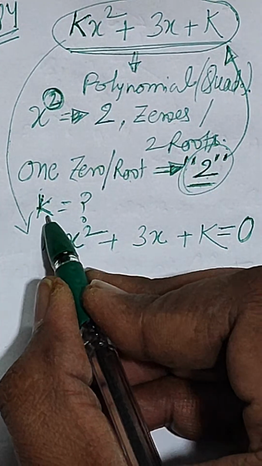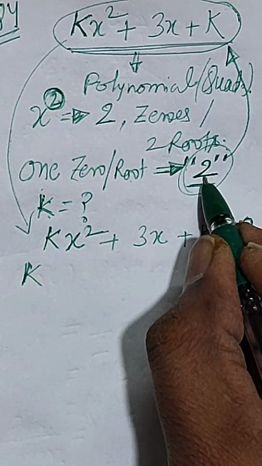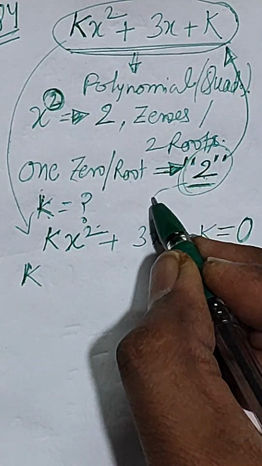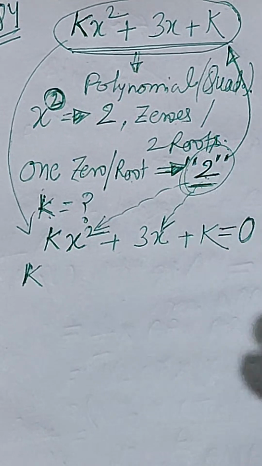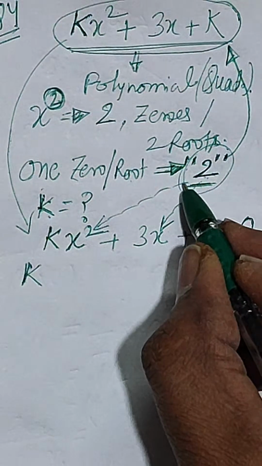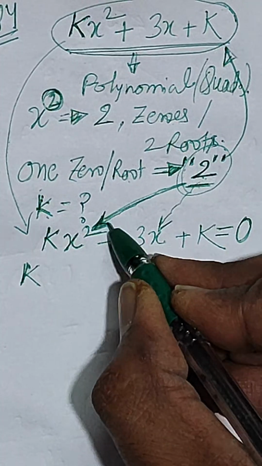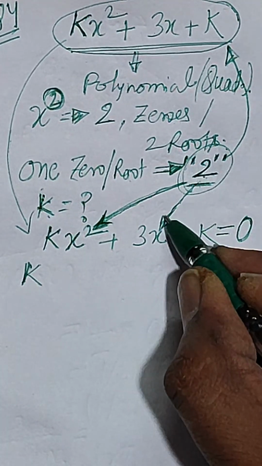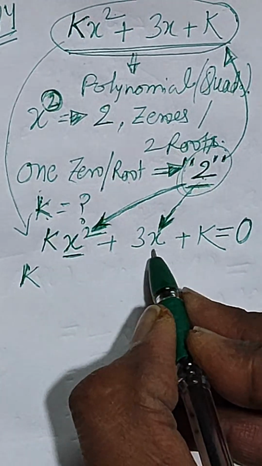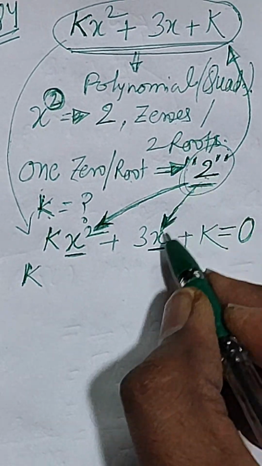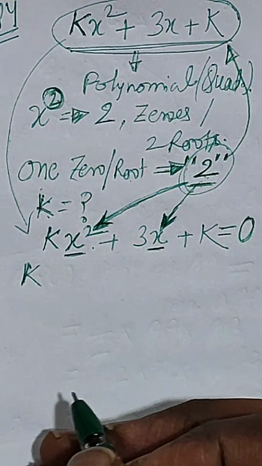So here, if you put the value 2 in place of this x, because this 2 is one of the zeros given to you. Wherever you are finding x, just put this value over there, right?